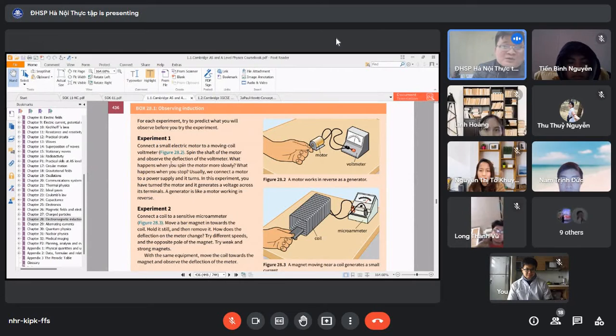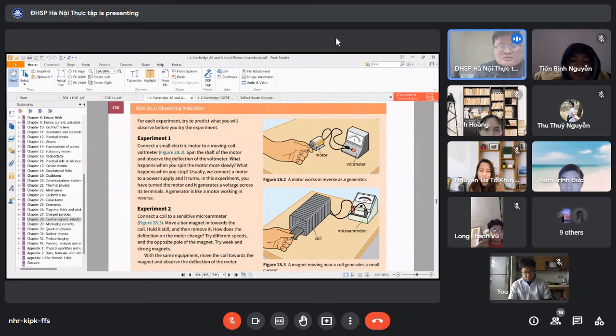Then there's no current going through, but the EMF is still there, and there is still electromagnetic induction. So electromagnetic induction is something more than just a coil with a magnet moving in and out.